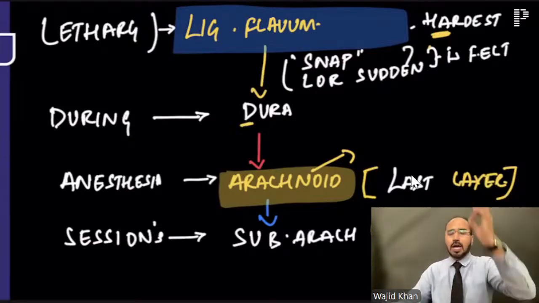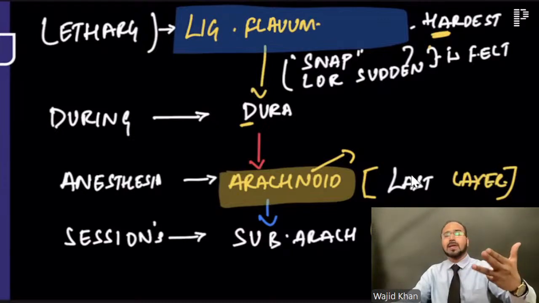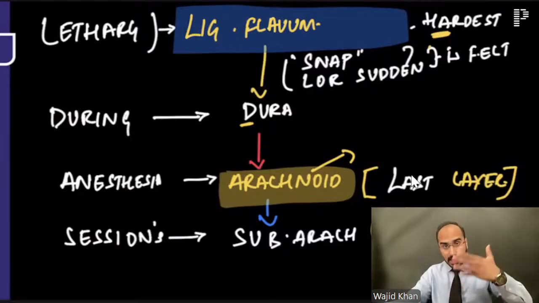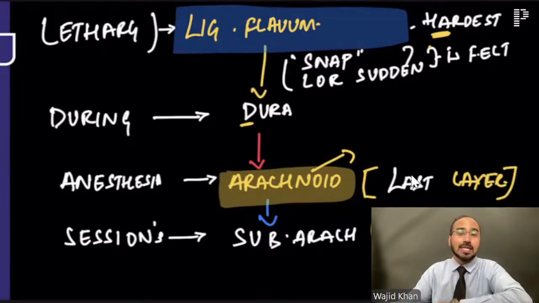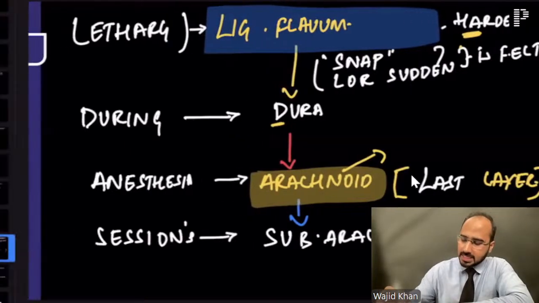So the order of layers is: some say spinal instigates lethargy during anesthesia session. Skin, subcutaneous tissue, supraspinous ligament, interspinous ligament, ligamentum flavum, the toughest ligament to be pierced. Then dura, and the last layer is arachnoid. Once you puncture the arachnoid, you will be in the subarachnoid space, seeing the CSF.